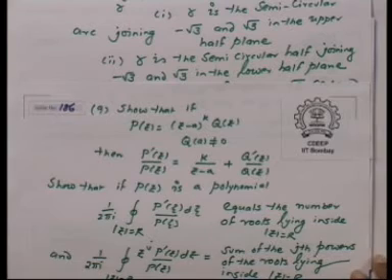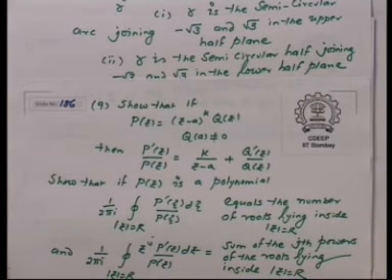show that if p(z) is a polynomial, 1 over 2 pi i times integral p prime zeta upon p of zeta d zeta equals the number of roots lying inside the circle mod z equal to r.